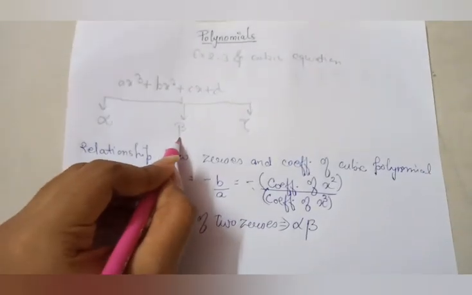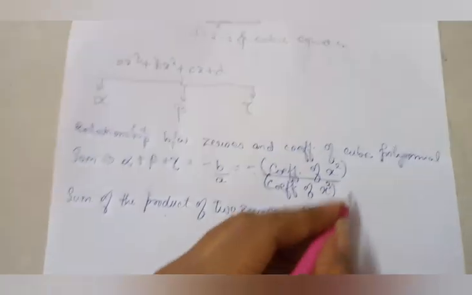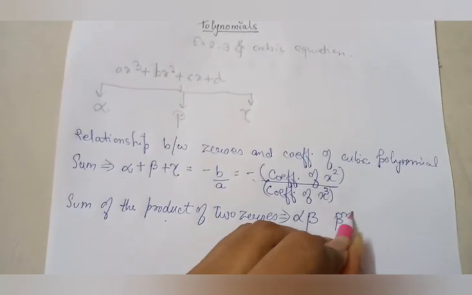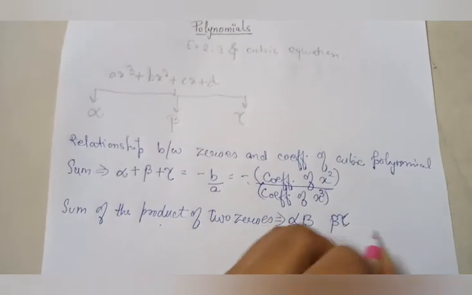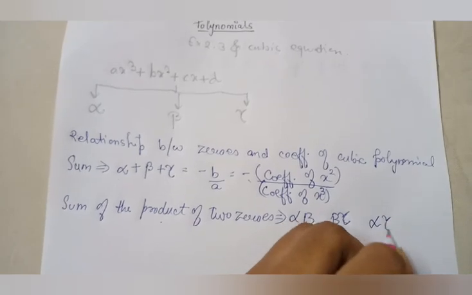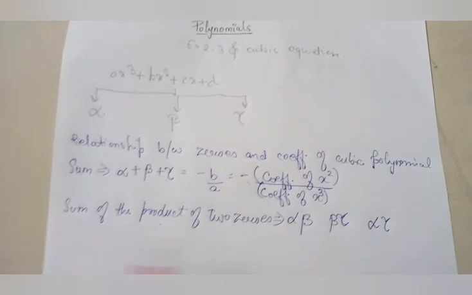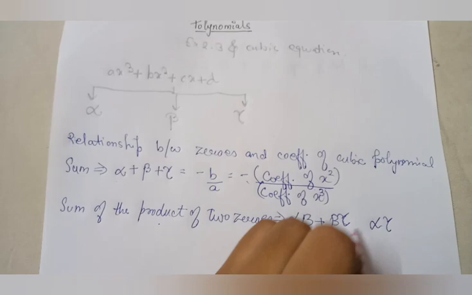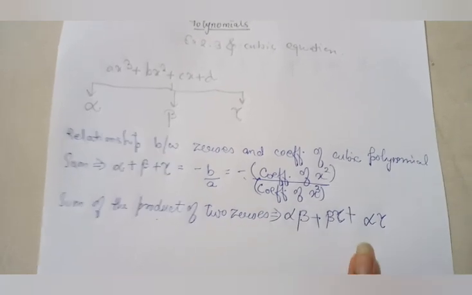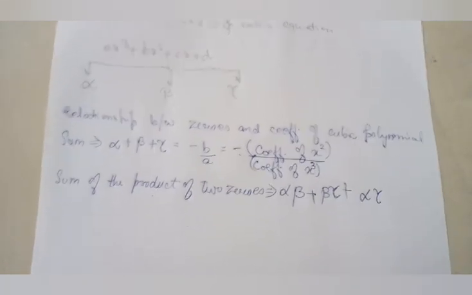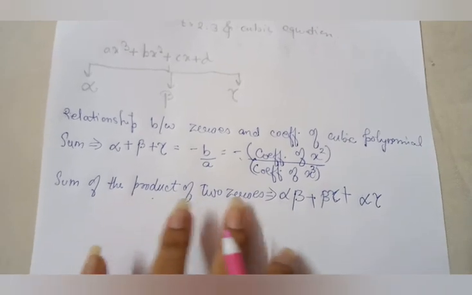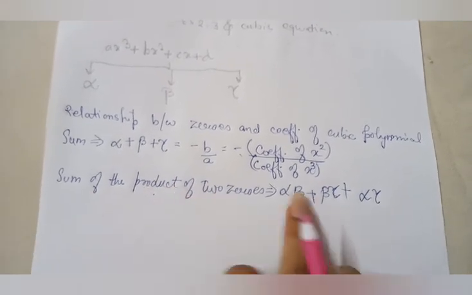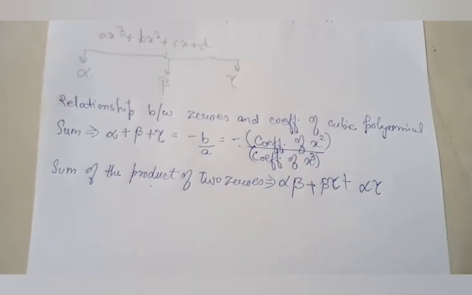Then we choose beta gamma, and the third pair is alpha gamma. So the sum is alpha beta plus beta gamma plus alpha gamma. These are three pairs, and this is the sum of the product of two zeros.